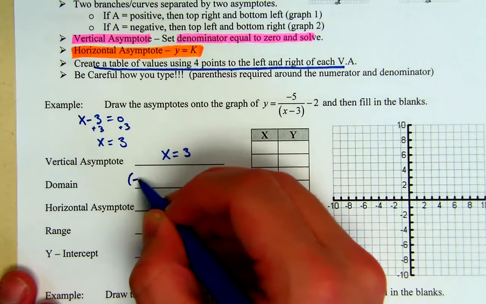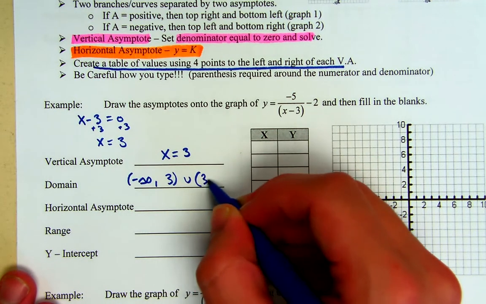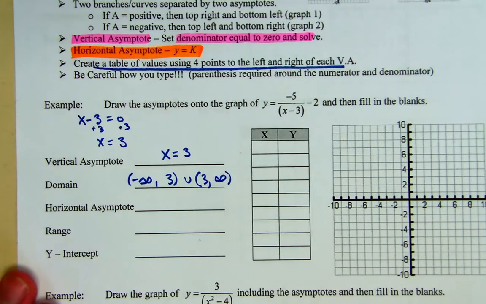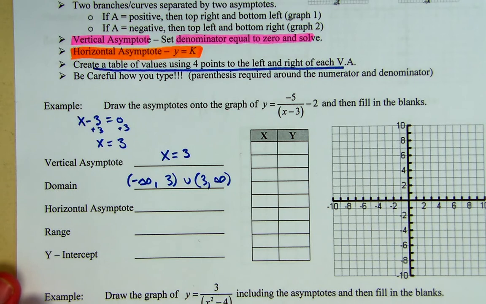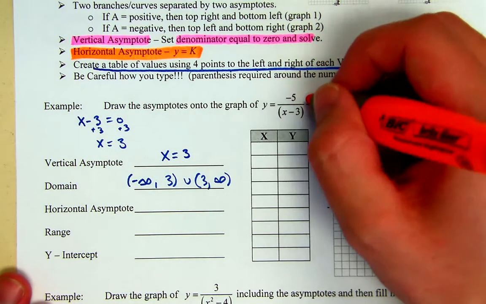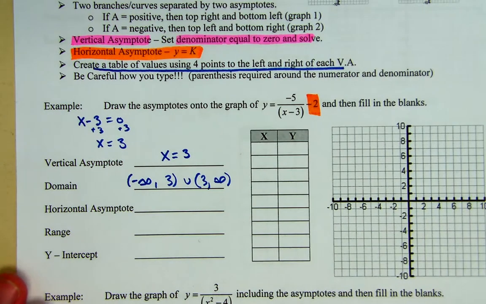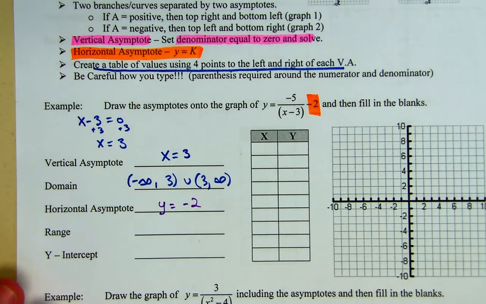So we've got negative infinity to 3, non-inclusive, union 3 to infinity. Right, now we need our horizontal asymptote. Well, again, horizontal asymptote, y equals k. Well, what's k? Negative 2. So y equals negative 2.